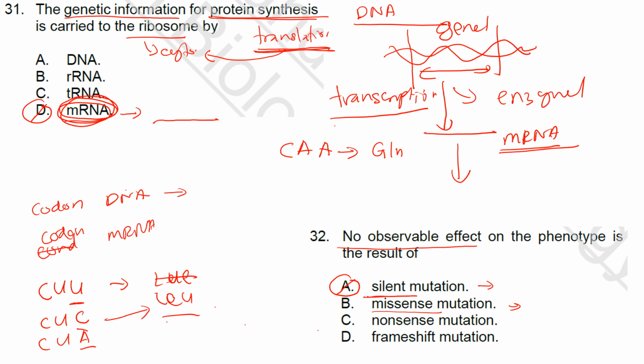If you change the sequence from CAA to CAC, this gives a different amino acid, which is His, histidine if I'm not mistaken. This is what we call missense mutation. The mutation occurs and codes for a different or wrong amino acid.